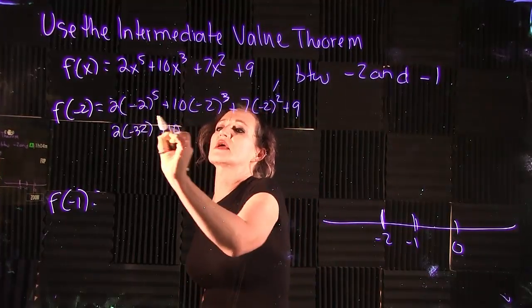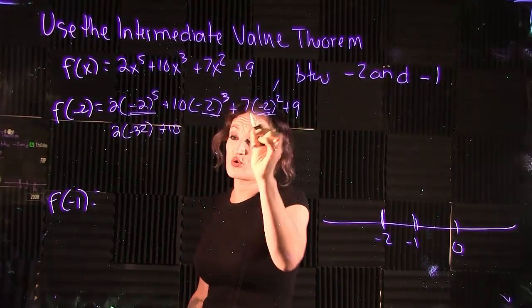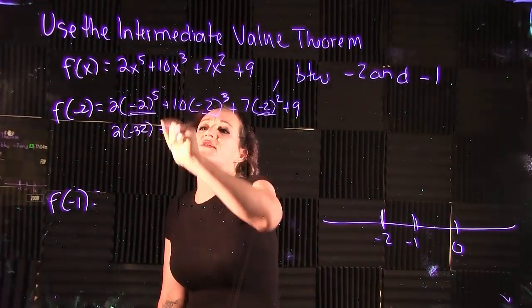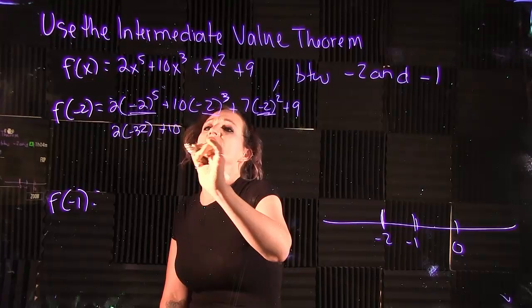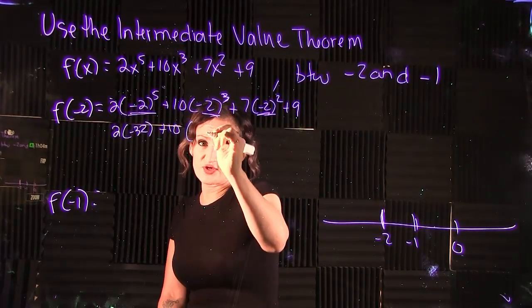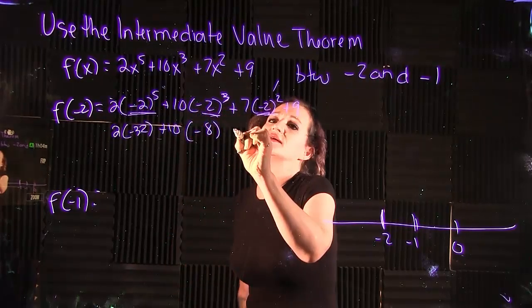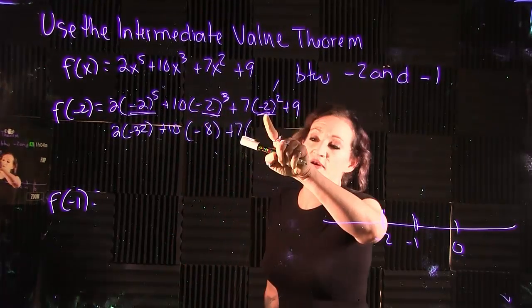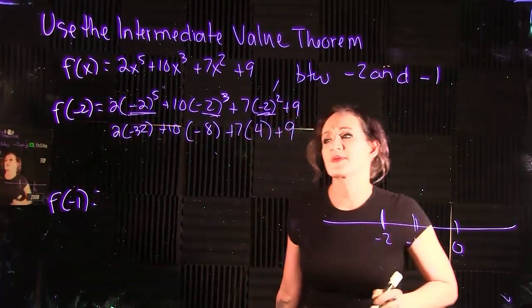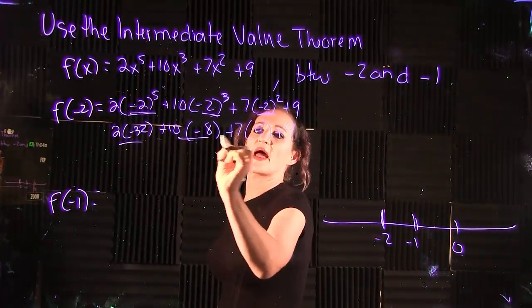Plus, again, we're taking care of all the exponents first. Order of operations, exponents first. Drop down the 2, -2 to the 5th is -32. Drop down the plus 10, -2 times -2 times -2 is a -8. And then over here, -2 times -2 is a +4, and drop down 9. Let's multiply out in the next step.